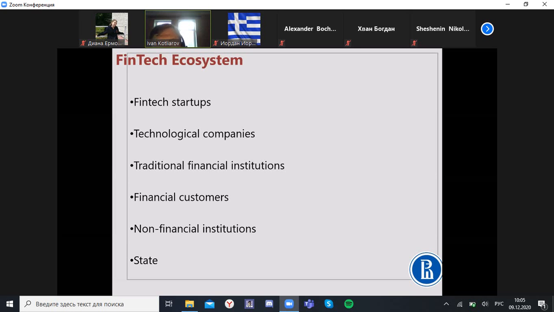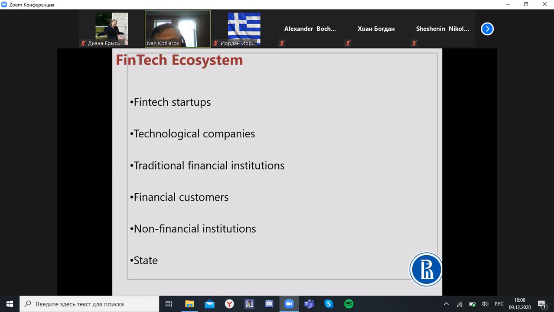First of all, we have FinTech startups: financial technological companies which promote new financial digital projects. Tinkoff, 10 years ago, obviously, was an example of such a fintech startup. Technological companies develop technological solutions for the financial industry.